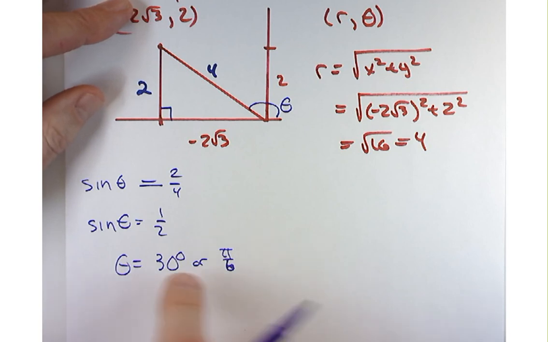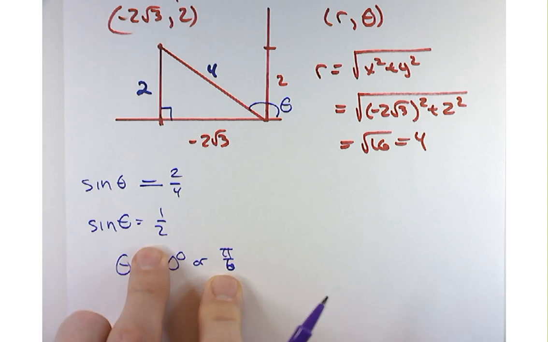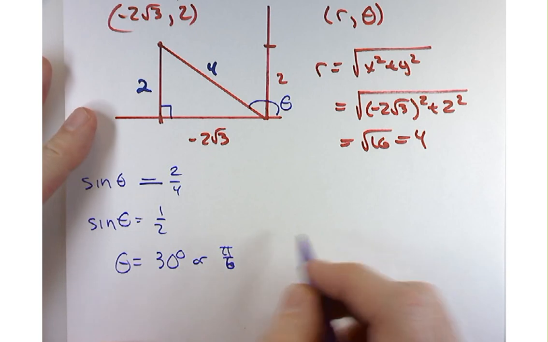So what angle in the second quadrant has a sine of 1/2? 150? Yeah.